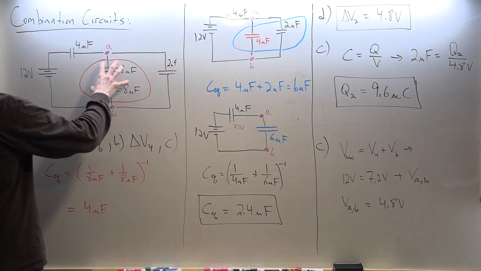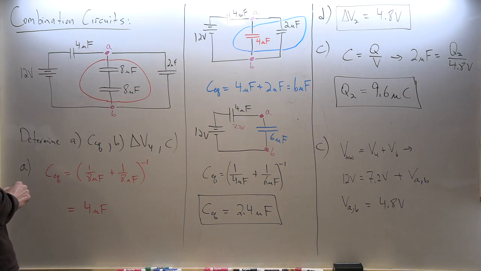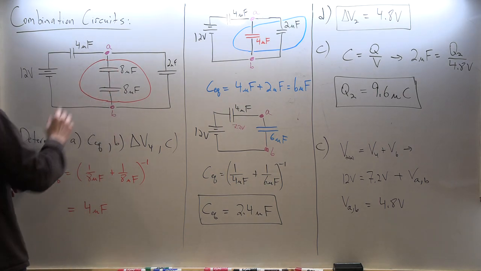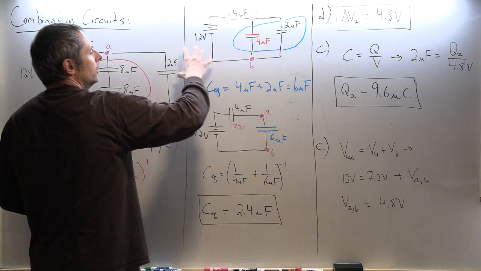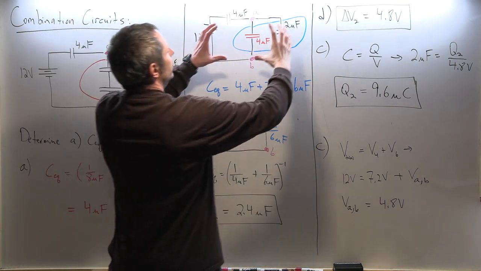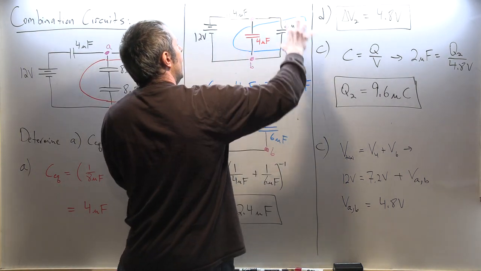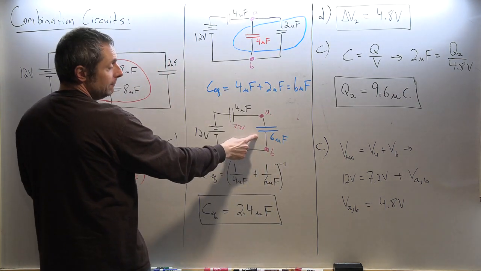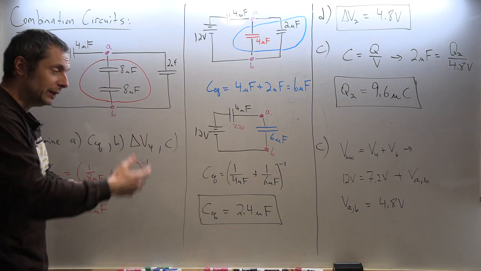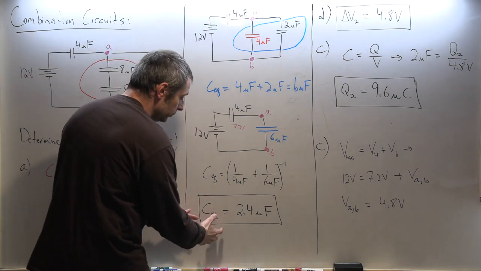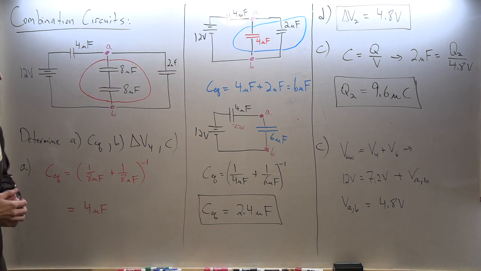The way you analyze that is you keep simplifying. You look for a pure series part, replace those. Then you look for another pure series or parallel. It turns out this is pure parallel. Calculate their effect, replace them with one. You're always replacing until you get down to your final equivalent capacitance.